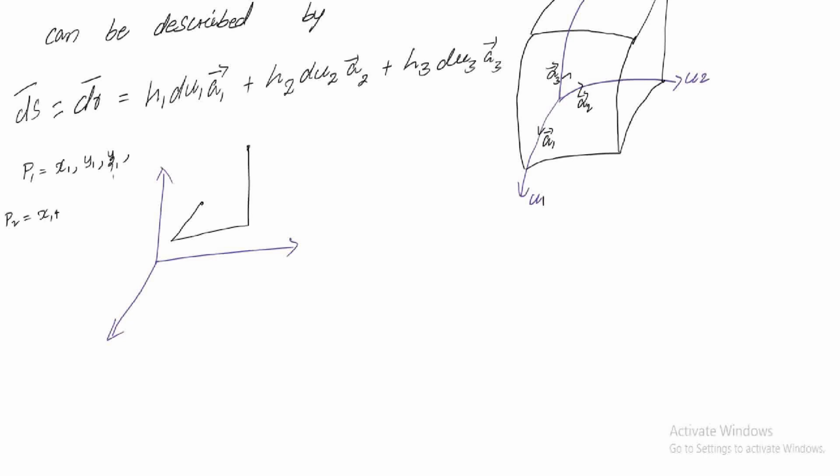The coordinates are r, theta, and phi. Here theta ranges from 0 to pi, and phi ranges from 0 to 2 pi. And r is given as a.